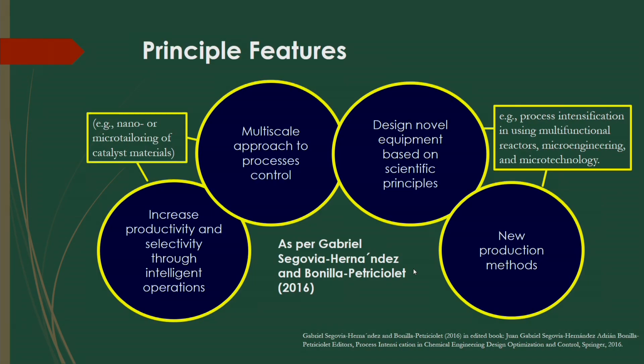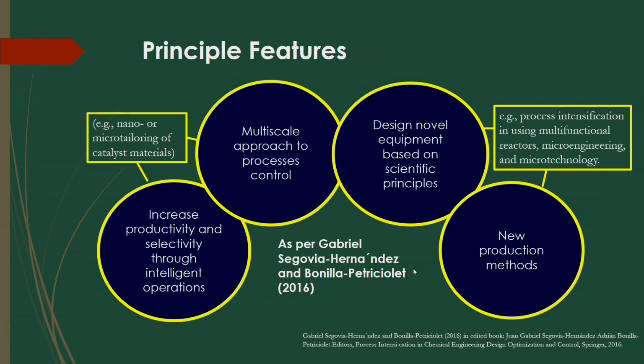You have to intensify the process by developing new methods. That is also one of the important features. These four basic principles are also given by Segovia, Hernandez and Bonilla Petriciolet in 2016.